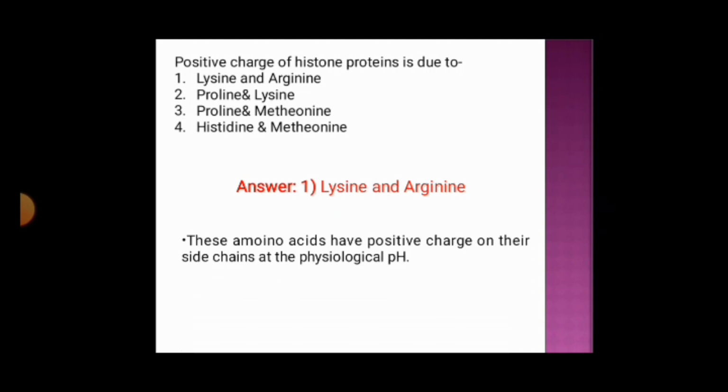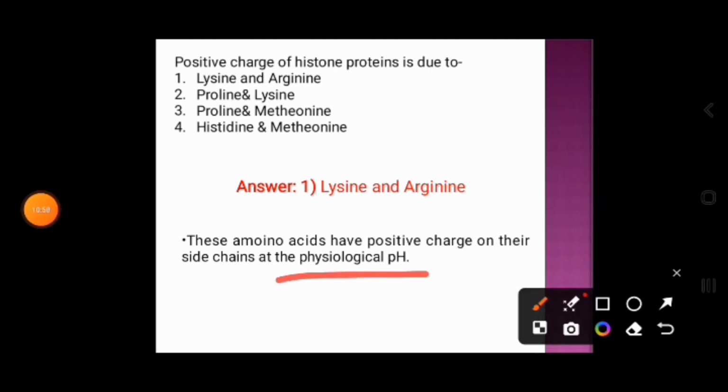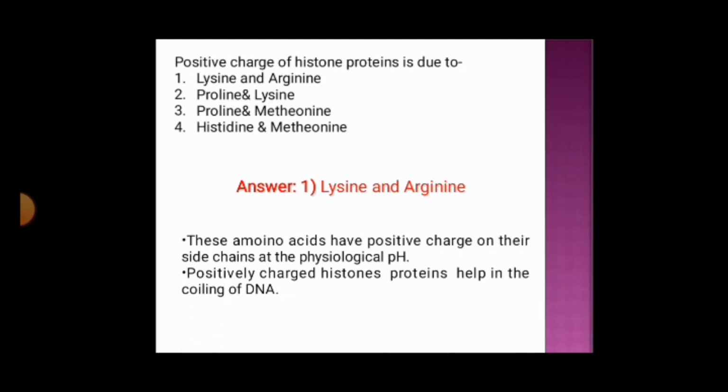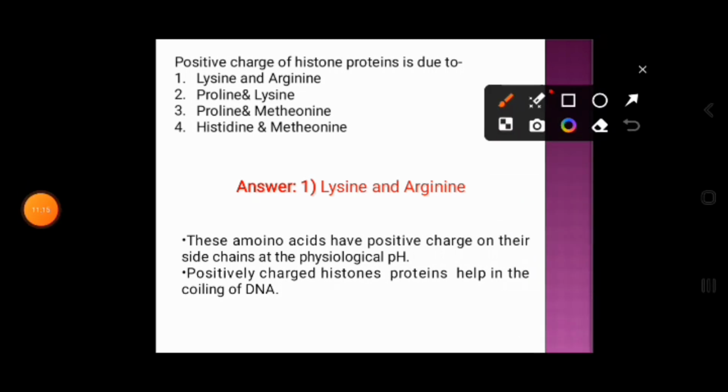These amino acids have positive charge on their side chains at physiological pH. Due to the presence of lysine and arginine, the histone proteins are positively charged, and these positively charged histone proteins help in coiling of the DNA.